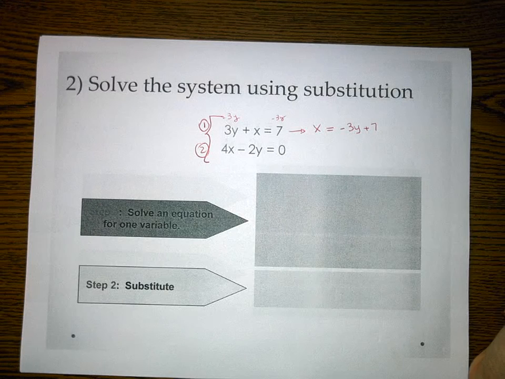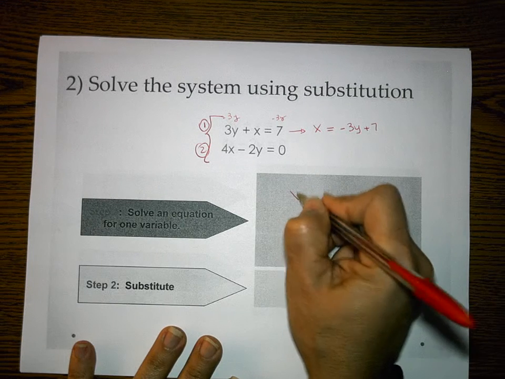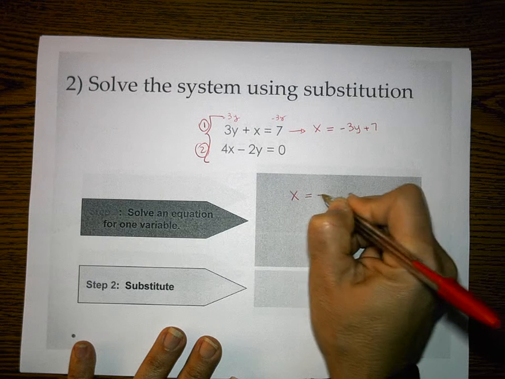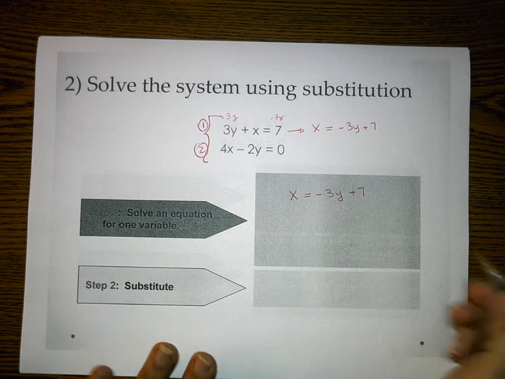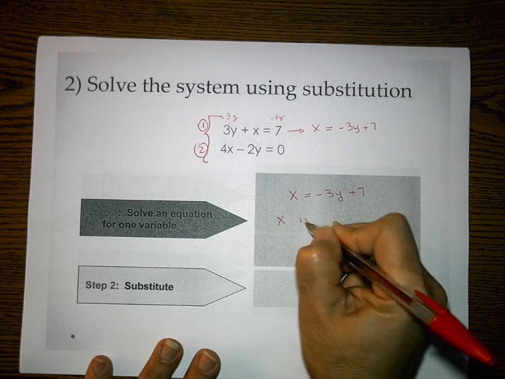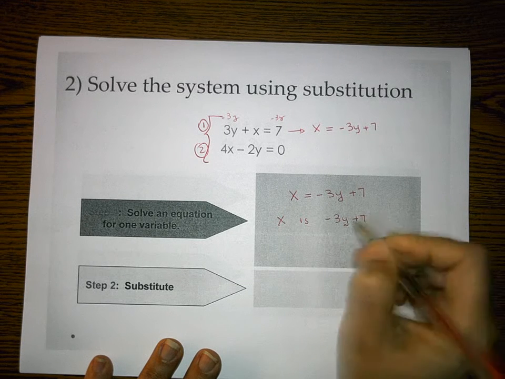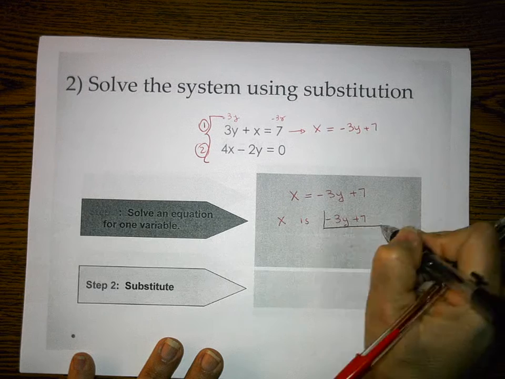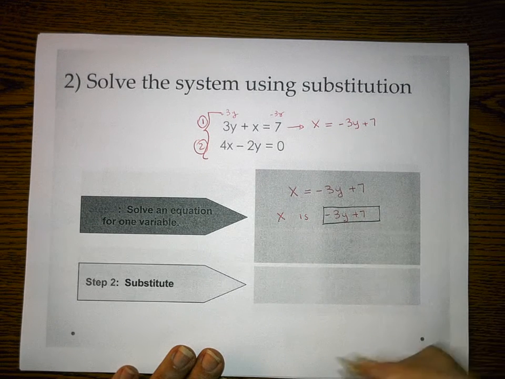So there we go. I got my variable isolated. Now I'm going to use x equals negative 3y plus 7. In other words, x is the same as negative 3y plus 7. I'm going to use this value right here in the place of x in the other equation.